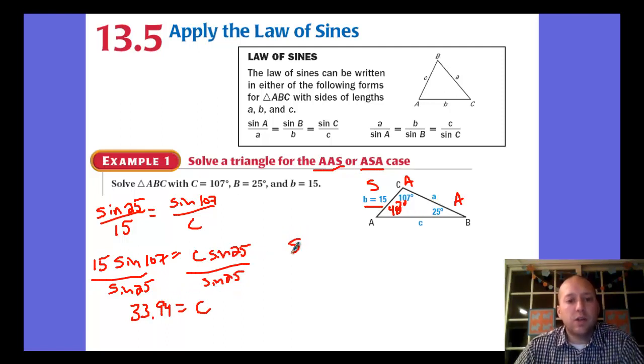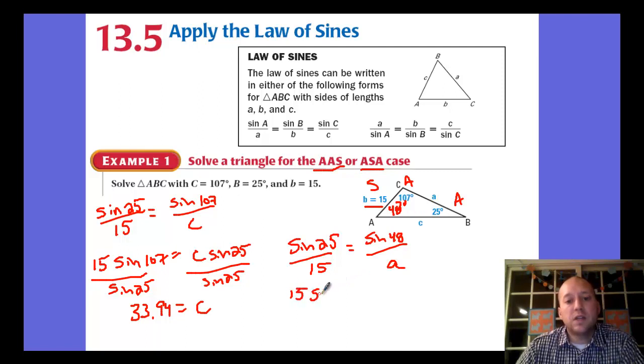We can repeat that same process again. We can write another ratio, sine of 25 over 15. These are given information for us, which are nice because these are whole numbers, equals sine of 48 over the side opposite A. And then we can again cross multiply to solve that.